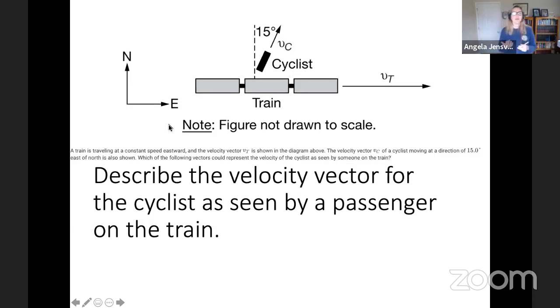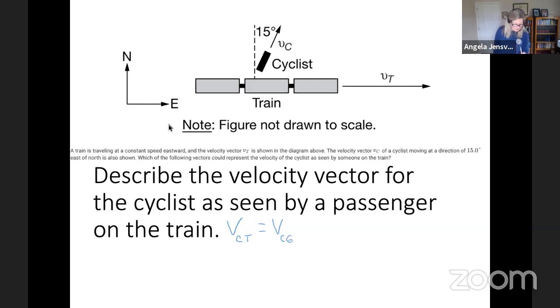Okay, here's where the relative velocity comes in. This is not a calculation. This is more about drawing a sketch. I want to help you get started on this one in case you don't remember relative velocity. So I will just tell you that we're trying to get the velocity of the cyclist relative to the train. Whenever you do relative velocity, they gave us the velocity of the cyclist relative to the ground, right?